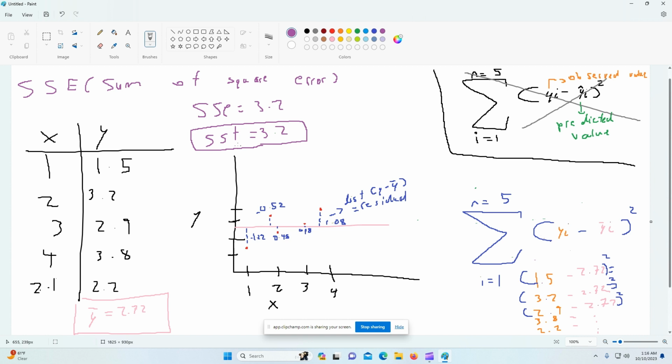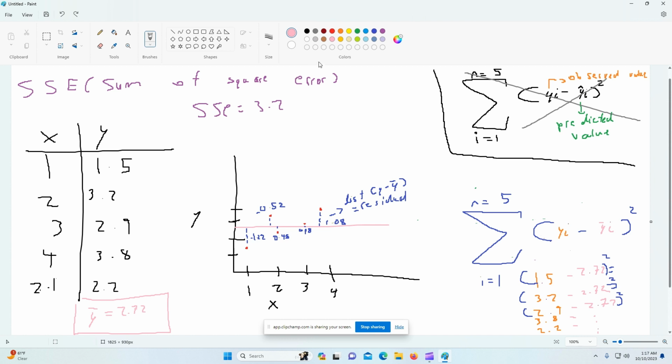Now the reason I say this is because our SSE is going to change later as we actually find the line of best fit. As we actually find the line of best fit, our SSE is going to change. So it's not always going to be 3.2, but our SST is a good way to keep track of that value.